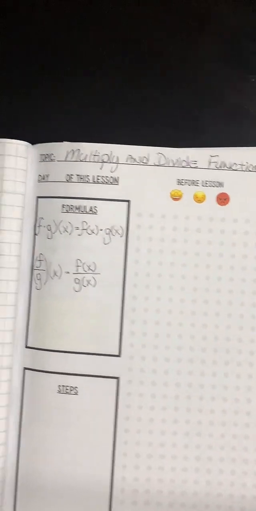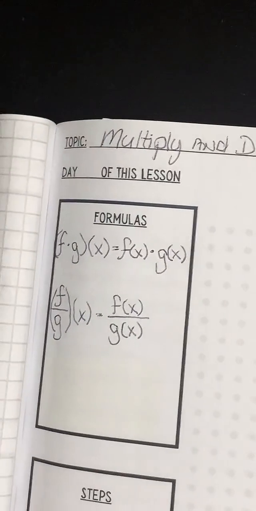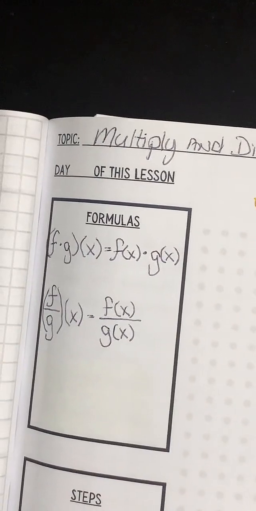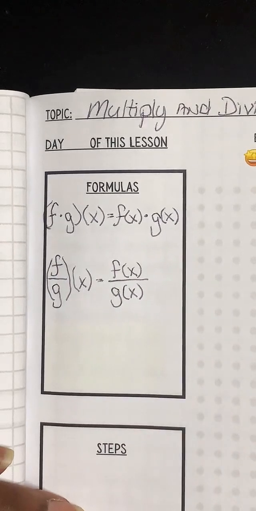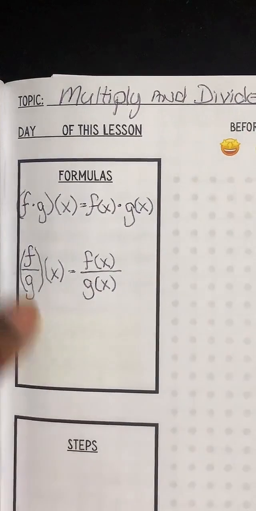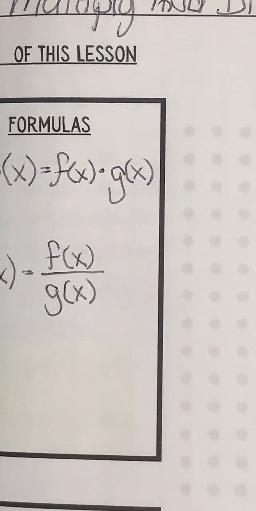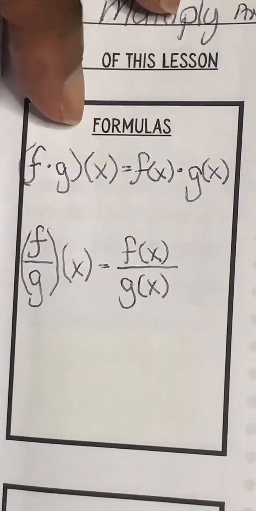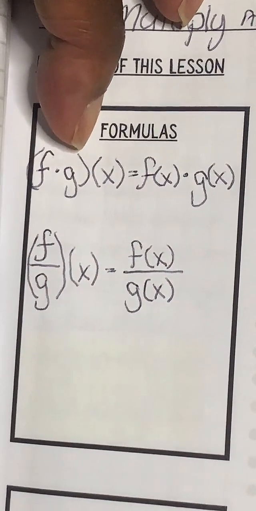Let me zoom in so you can see the guided notes that I have for you. All right, so when we're multiplying and dividing, this is what's happening. And this is going to be key, because when we do the composite, which is going to be tomorrow, you're going to see something very similar to what I'm showing you right now.